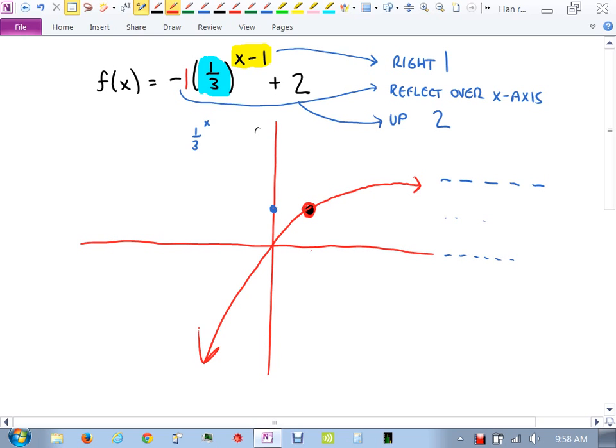So whenever we have just the base, like 1/3 to the x, yes, we can talk about growth and decay that way. But once we start moving things around and flipping and reflecting and stuff, it may look a lot different than what we think it does initially. Yeah, it's still getting closer to something as we move to the right. Okay, that good? That's all we're going to cover on transformations.